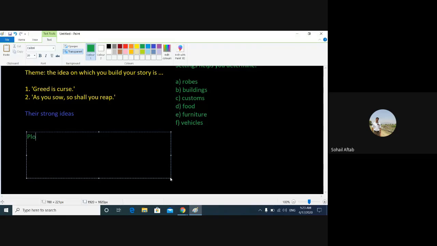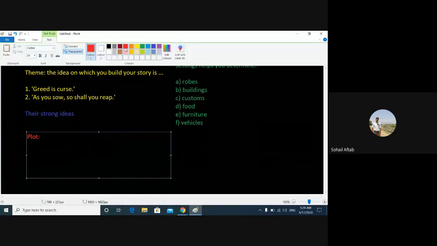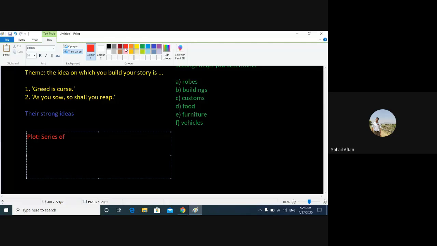Is it the third one? Yes, third component. Plot basically means a series of incidents. A series of incidents is called plot.